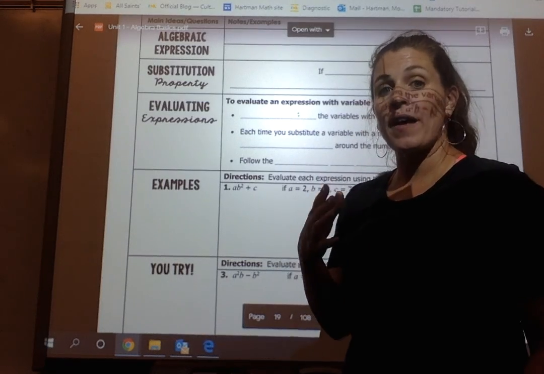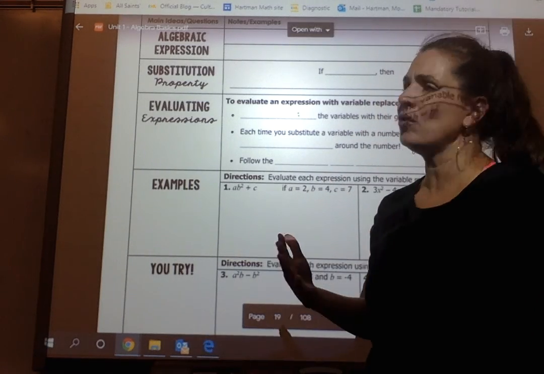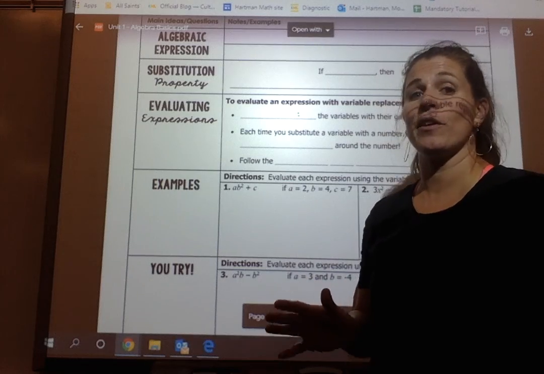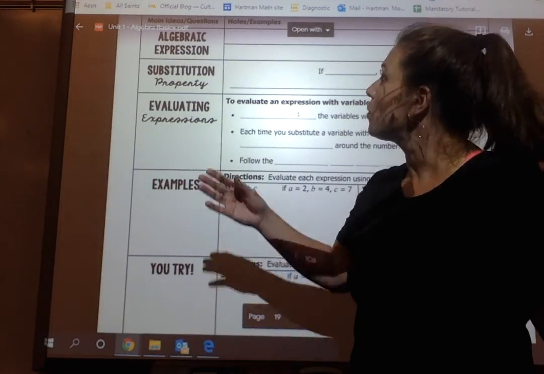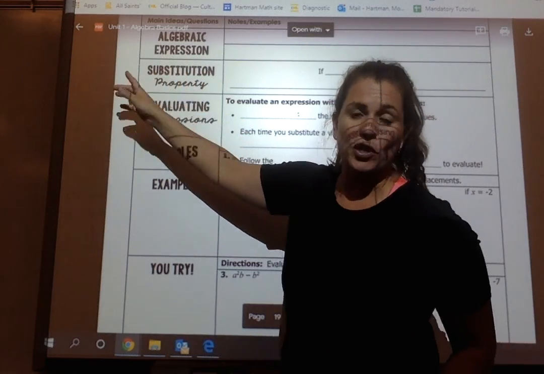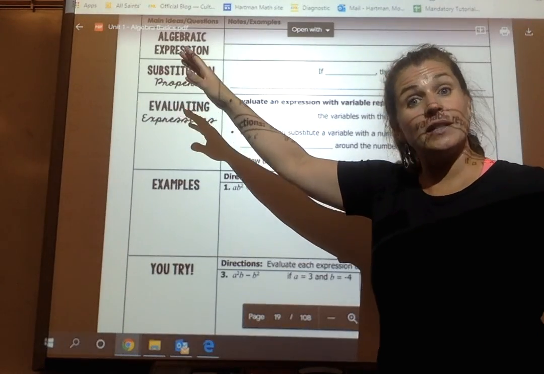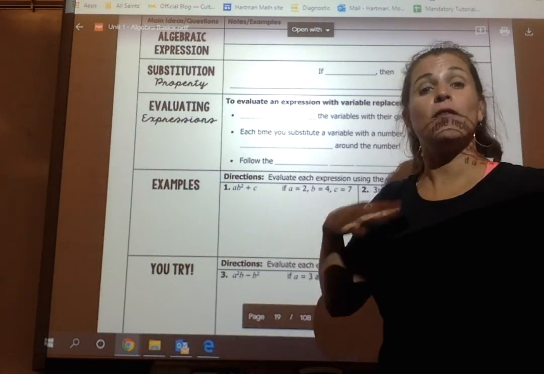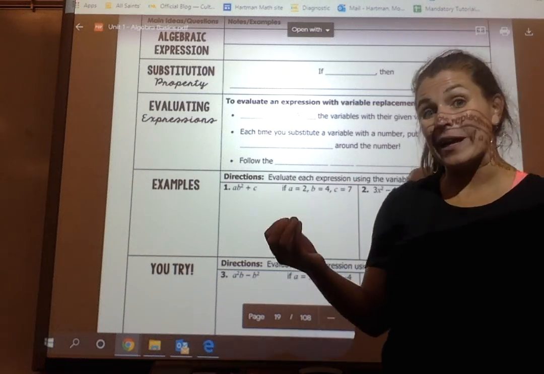We're going to be talking about evaluating expressions, and you'll notice there's a lot of vocabulary in my language. So we have to know, what is an algebraic expression? Well, it's an expression, so that means there's no equal sign. If you don't have an equal sign, it's called a phrase.